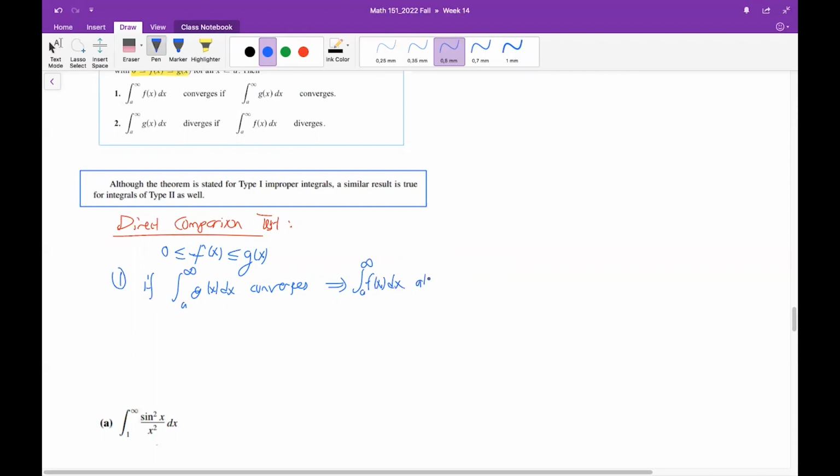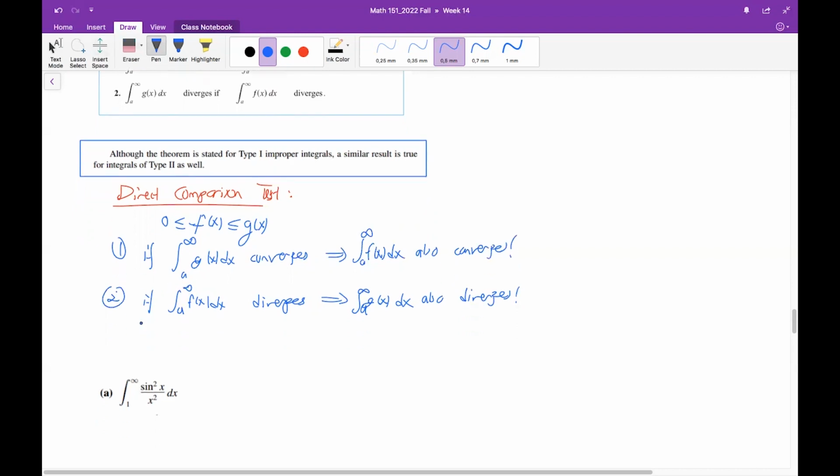This also converges. Similarly, the second statement: if the integral with the smaller terms, f of x, diverges, meaning the result is already infinite, then the integral with the bigger terms, g of x, will automatically be infinite. It also diverges. These are the two conclusions of the direct comparison test.